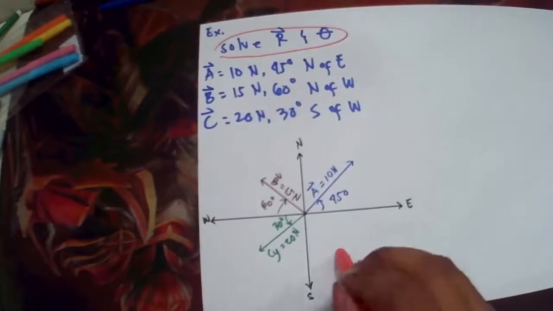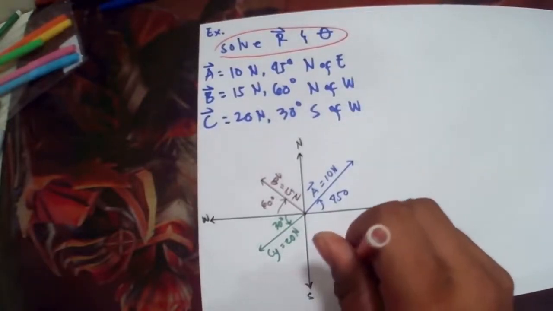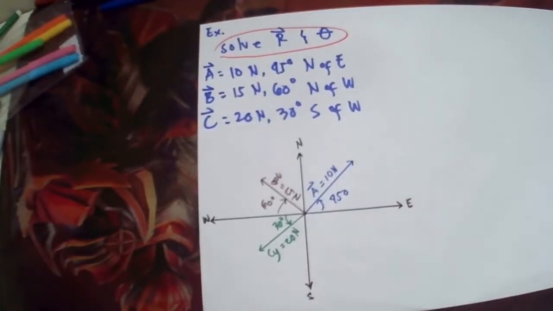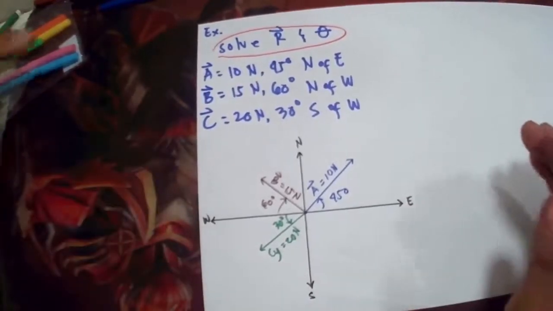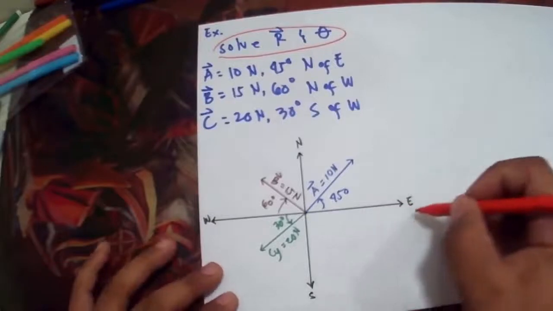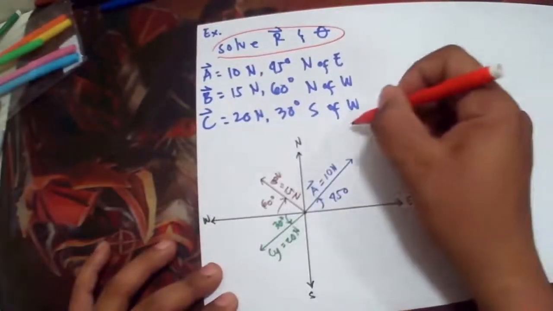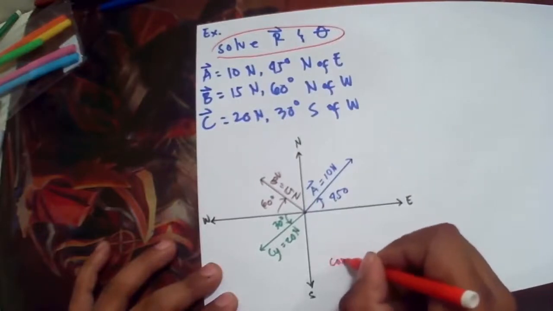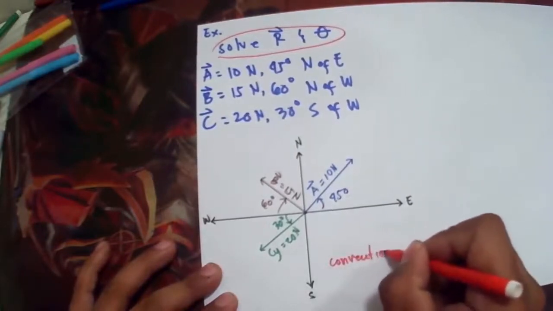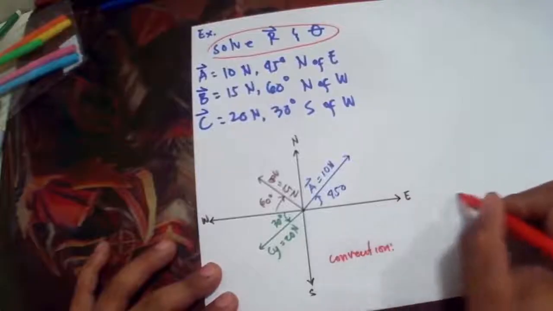Before we solve this one, I just want to introduce some basic concepts, or principles, that we need to consider when solving this one. So let's have this sign convention here.